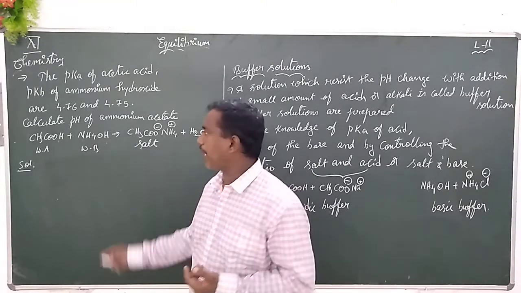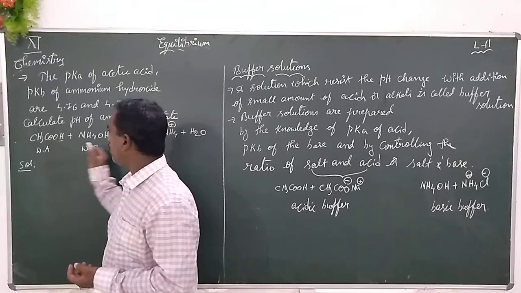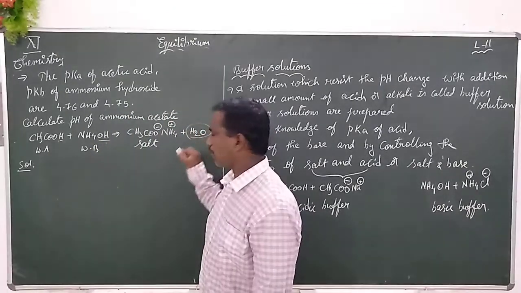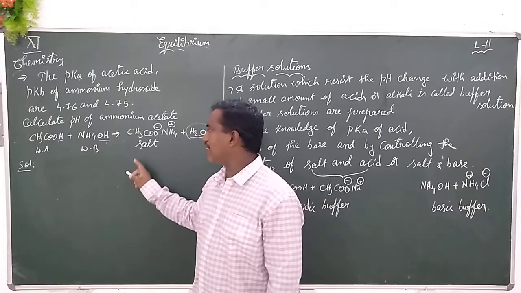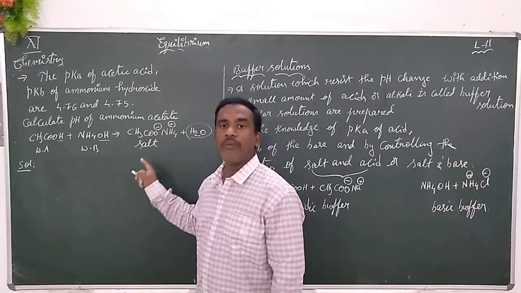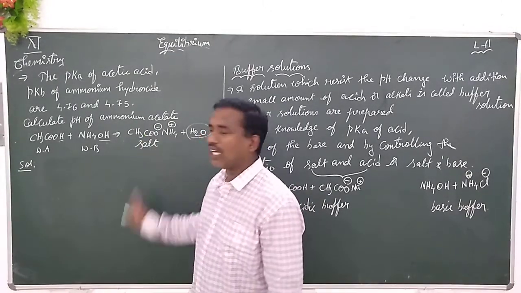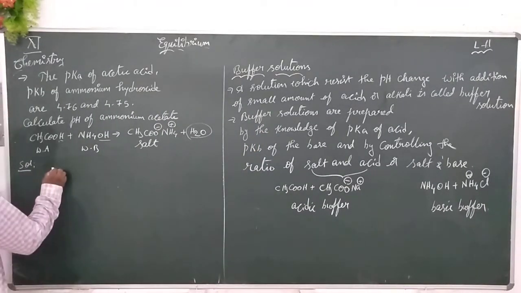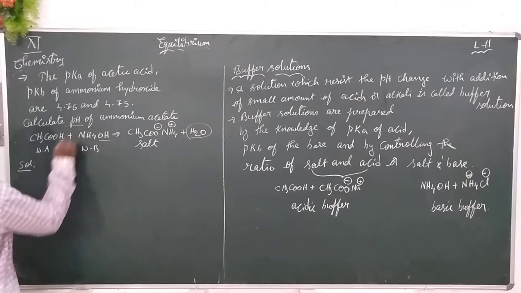When these both are combined, H plus will be given from the weak acid and OH minus will be given from the weak base. They form a water molecule, and the remaining salt is ammonium acetate. What are they asking? Directly to calculate the pH of the solution.